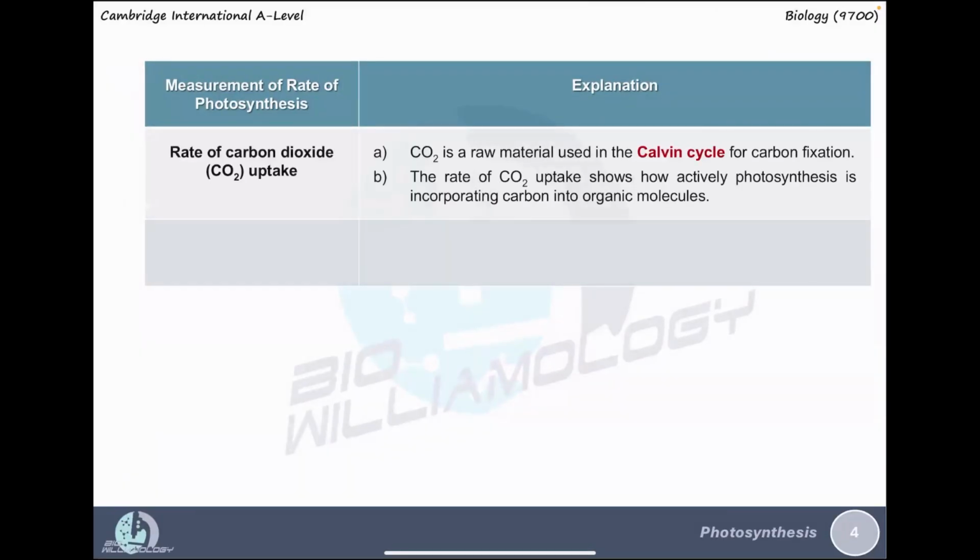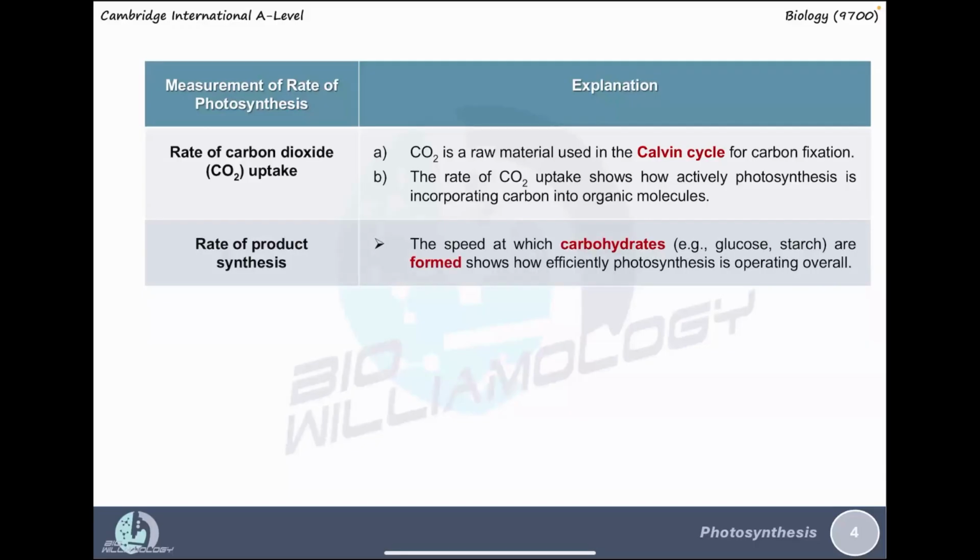Second, we can measure the rate of CO2 uptake, because CO2 is a raw material used in the Calvin cycle for carbon fixation. The rate of CO2 uptake shows how actively photosynthesis is incorporating carbon dioxide into organic molecules.